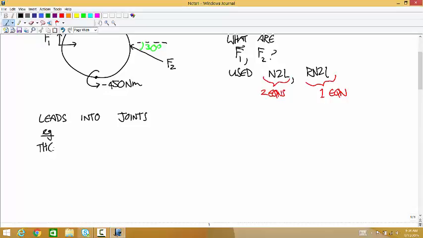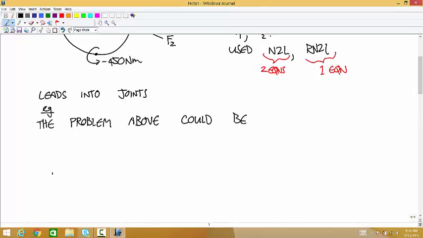The problem above could originate from something like this, where you have a disk connected by a pin joint to the wall, and you have a couple applied at the bottom. Sometimes you have external couples that you know, any kind of external load that's given.